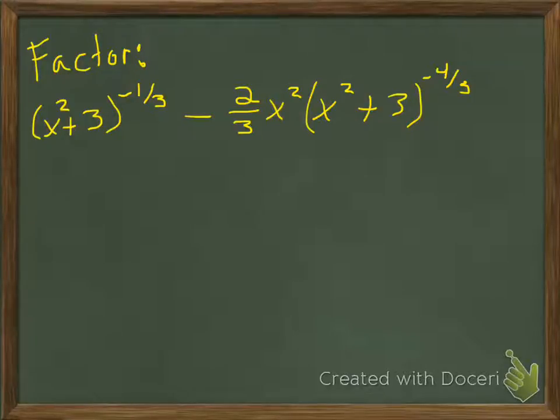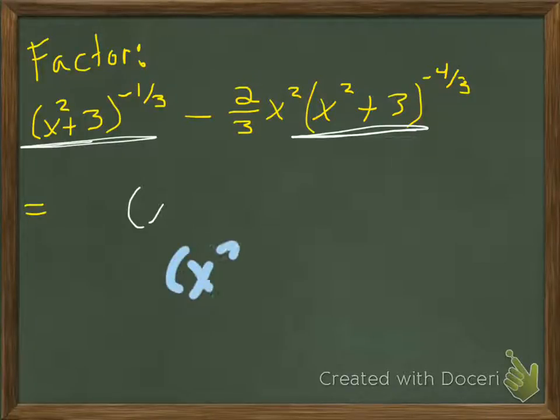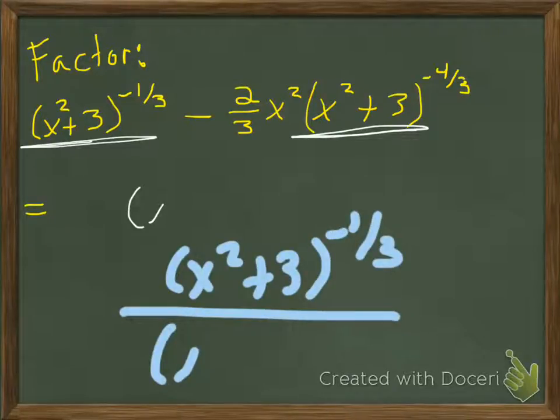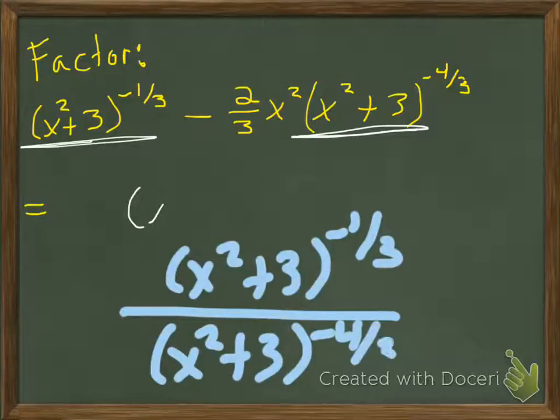What we're going to do here is factor out the lowest power, which would be (x squared plus 3) to the minus 4/3. When we factor that, you're going to take each of the pieces here. So minus 1/3, and we're going to divide that by what we're factoring out.